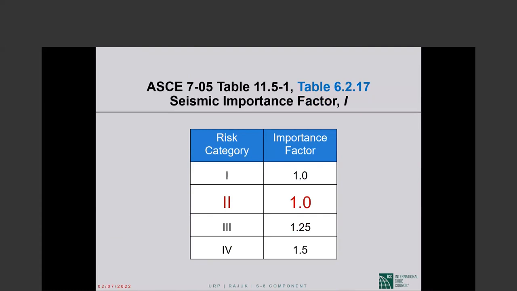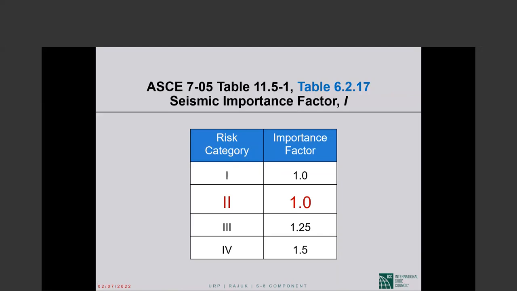The importance factor I is 1.0 for risk category 2. In your case, it is not risk category, it's occupancy category. I didn't notice that. However many times I go through the slide sets, this always happens, and this always bothers me. Anyway, occupancy category 2, which is standard occupancy, office buildings, apartment buildings, I is 1.